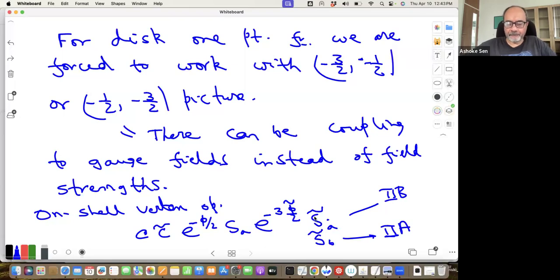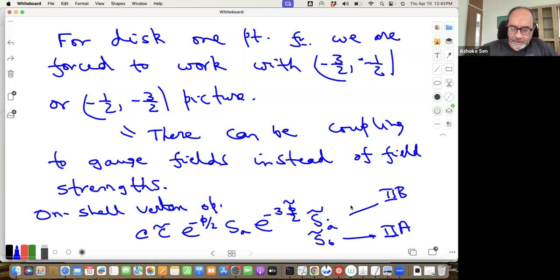So an important point, which I think I mentioned earlier also, is that in the -1/2 picture, 2B has the property that the chiralities of the spinors are the same in the left and right sector. In 2A, they are opposite.